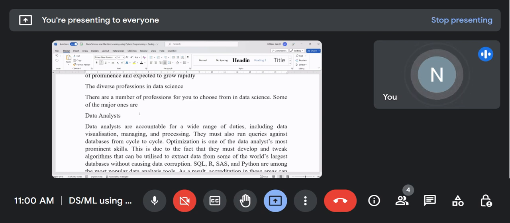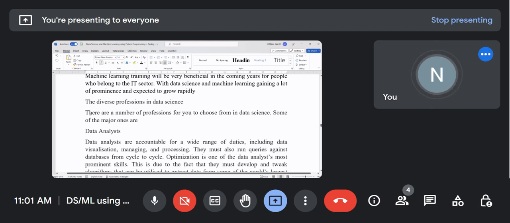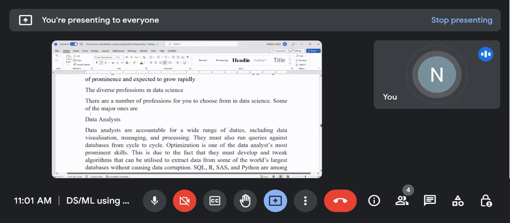Every organization requires an analyst to let them know that if this has been happening, this would happen in the future. Predictions. We need to perform predictions. Nobody wants loss. They need to predict right away. So there are various job roles available in data science.